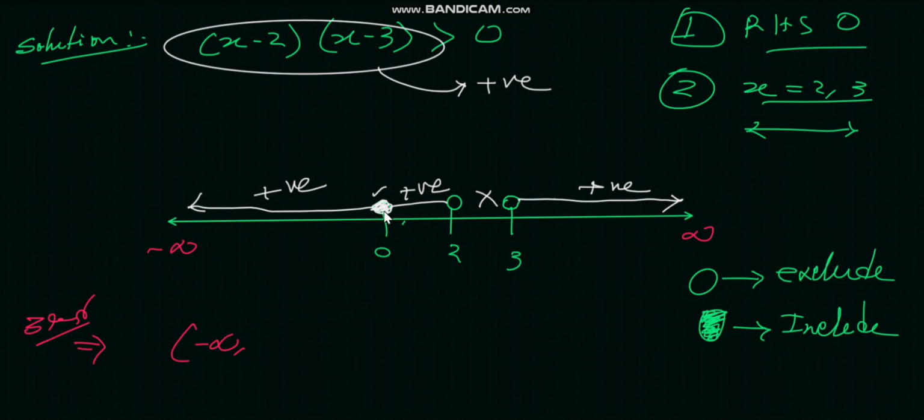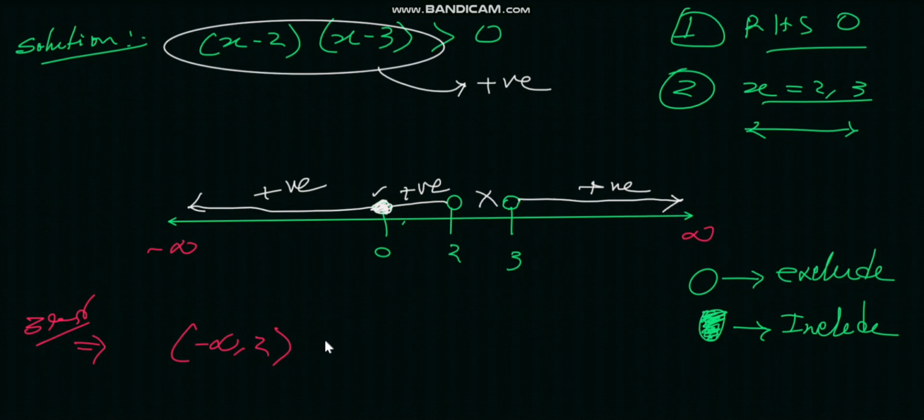Comma, minus infinity to 2, and 2 is excluded. While showing an excluded number, that means we are not using the number 2, we'll use the open bracket. This region is not included in the system, and this region is included in the system.